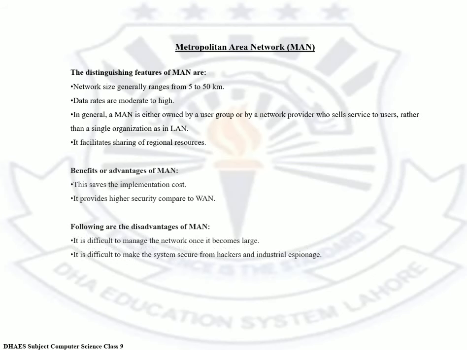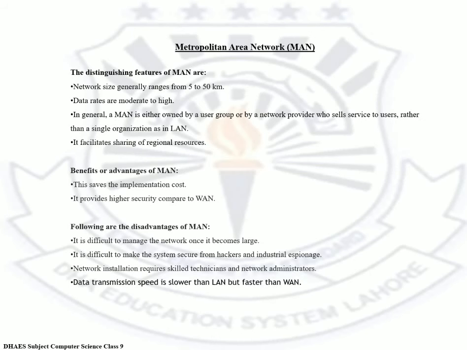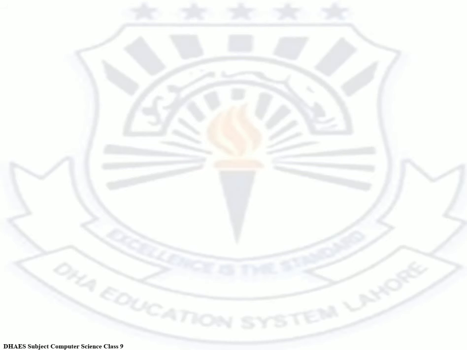It is difficult to make the system secure from hackers and industrial espionage. Network installation requires skilled technicians and network administrators. Data transmission speed is slower than LAN but faster than WAN.